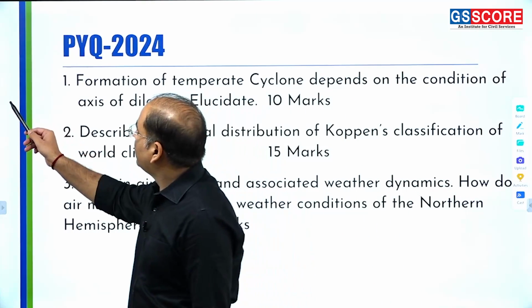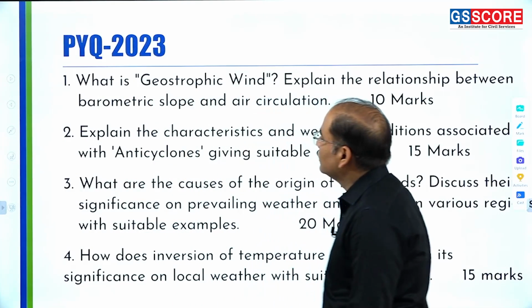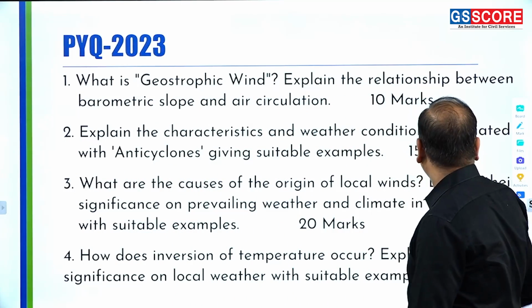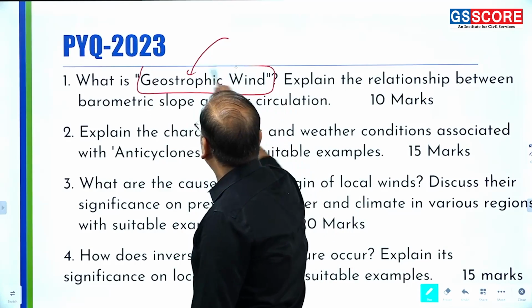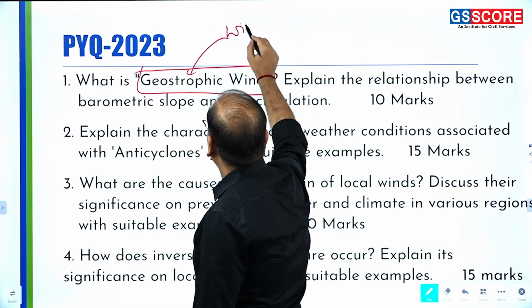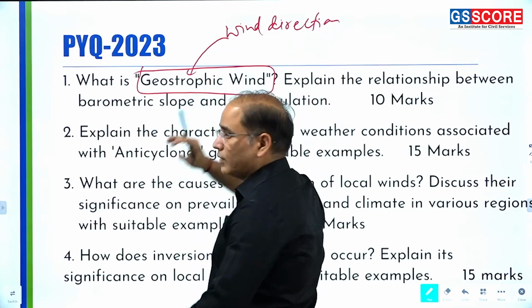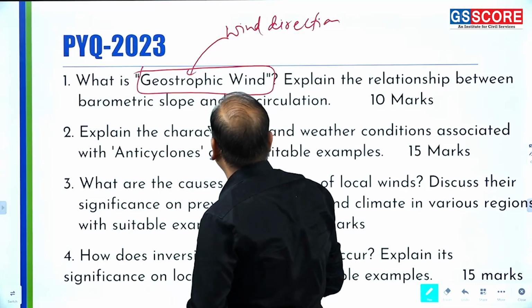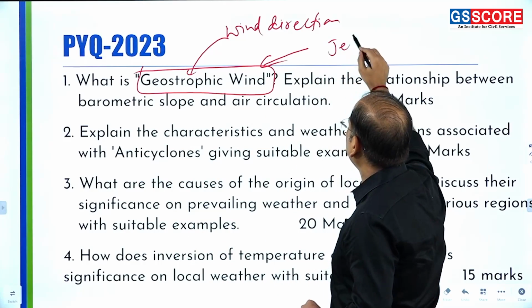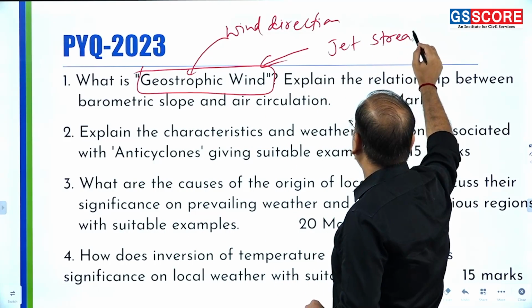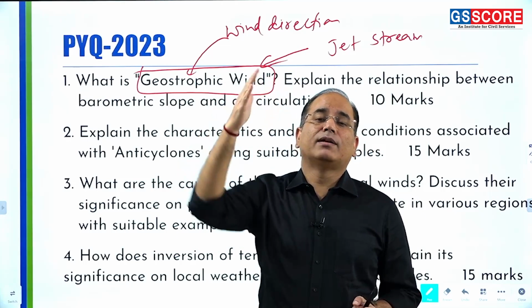Let's have a look at 2023. What is geostrophic wind? So geostrophic wind, the topic of wind direction. How the wind direction is being controlled. Geostrophic wind in a very normal sense is nothing but a jet stream, because geostrophic winds are the winds that are blowing parallel to the isobar.